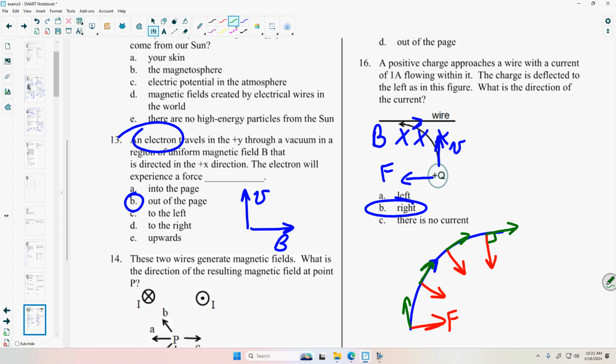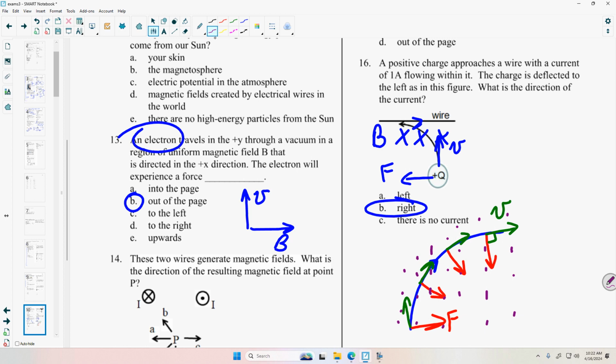Notice that this is always 90 degrees. This is the velocity vector. And in this case, I would have a magnetic field. My magnetic field would be out of the page. So this is a positively charged particle traveling in a region of magnetic field that is pointed out of the page. Let's see. Magnetic forces are centripetal forces.